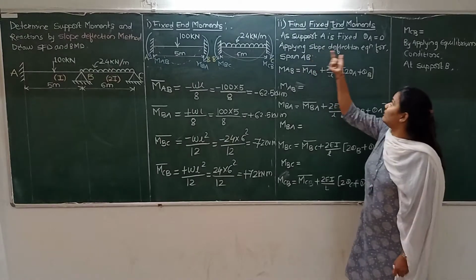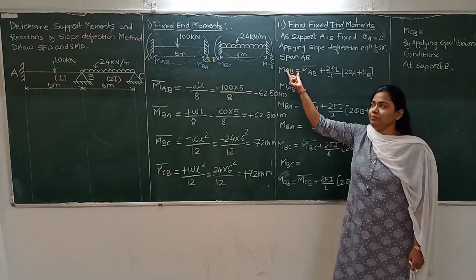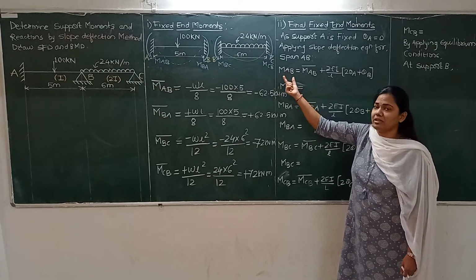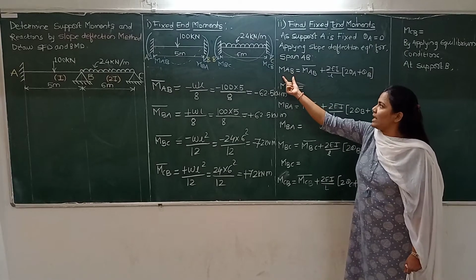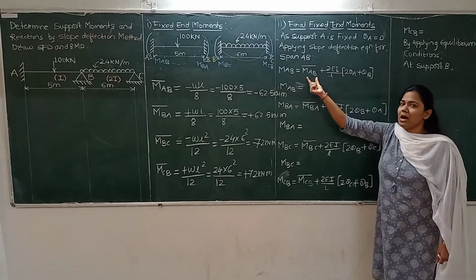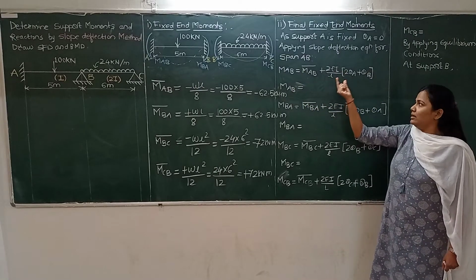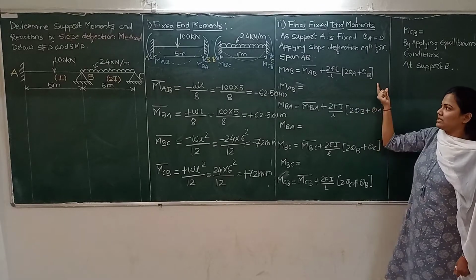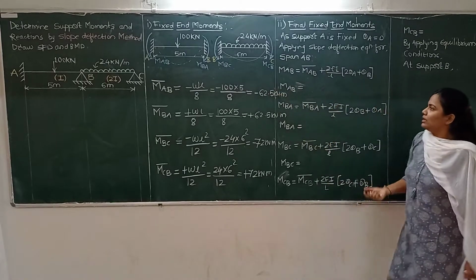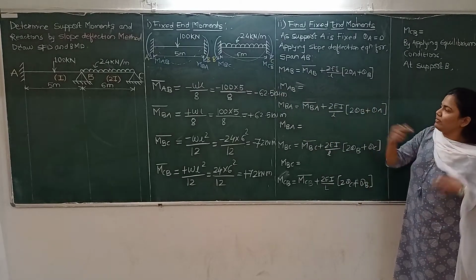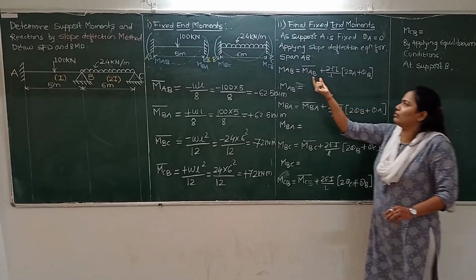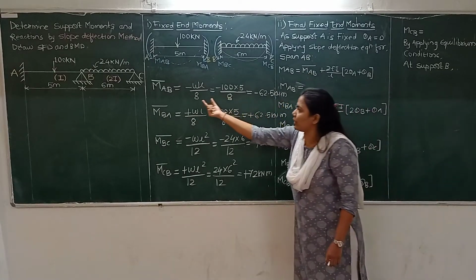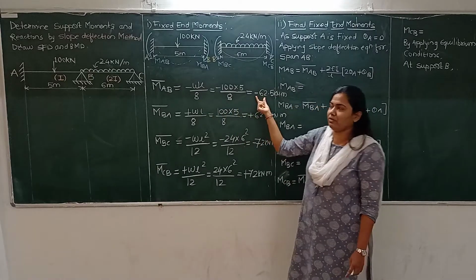Now by applying the slope deflection equation for span AB, we have the first slope deflection equation for span AB, that is MAB, which is nothing but the final end moment. So MAB is equal to MAB bar plus 2EI by L in bracket 2 times theta A plus theta B. So this is the slope deflection equation. Now when you apply the slope deflection equation for the AB span, we have found out the fixed moment MAB bar, which we got for the AB span, as minus 62.5.